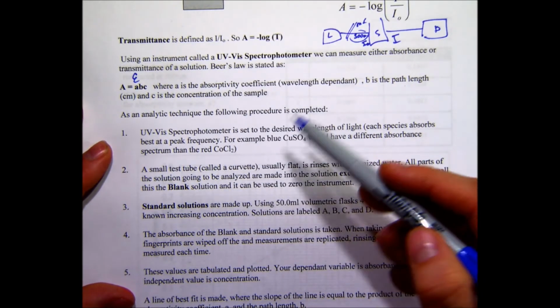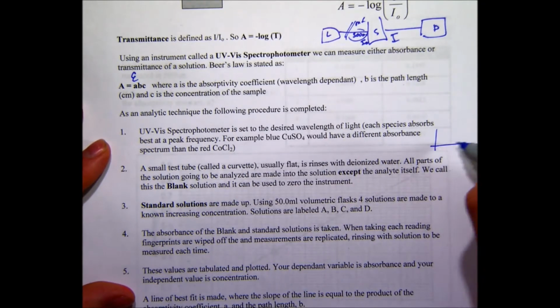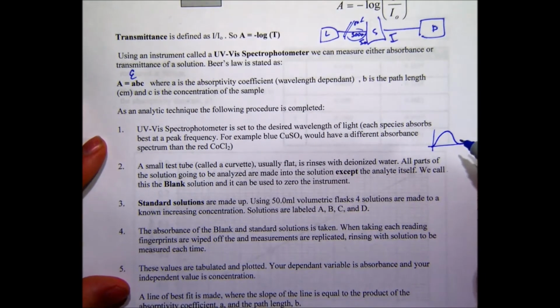So that is something that we basically will plot, and you get a kind of peak. If you know anything about black body radiation physics, it's a similar concept. Basically what we're after is the peak frequency, and for cobalt chloride, which is the example we're going to use today, that peak happens around 500 nanometers.